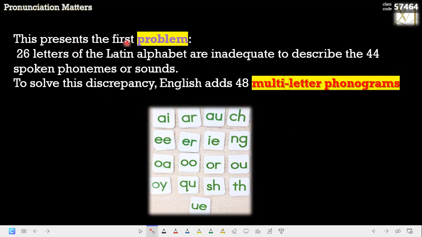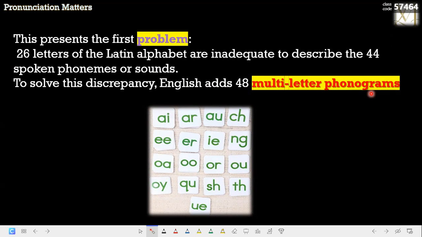One of the problems that always face English learners is that they have 26 letters and they have 44 sounds, and more sounds produced from the collection of sounds together, which are called phonograms.